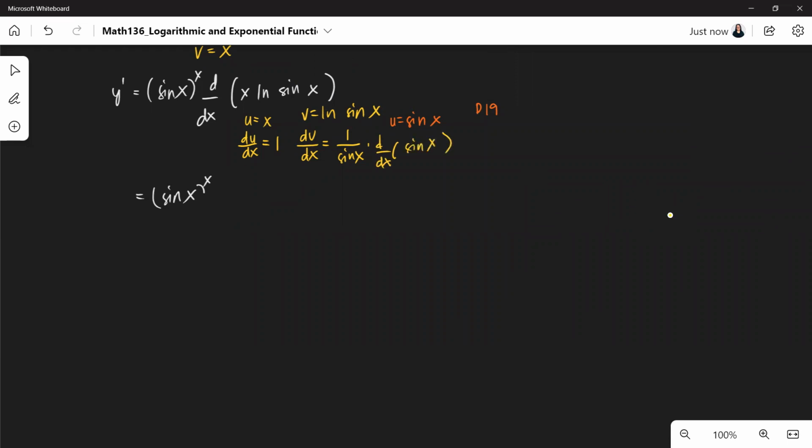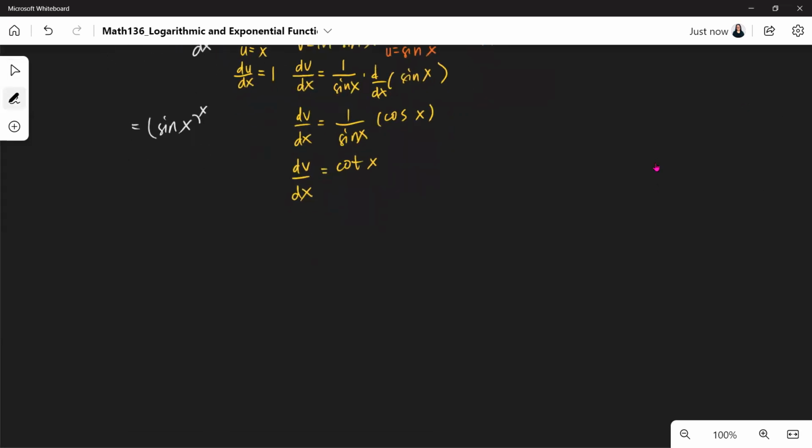Therefore, dv over dx is 1 over sine x. And then from the trigonometric functions differentiation, the derivative of sine is cosine x. So we have cosine x over sine x, or that is equal to cotangent of x, using the ratio identity. Cosine over sine is cotangent.